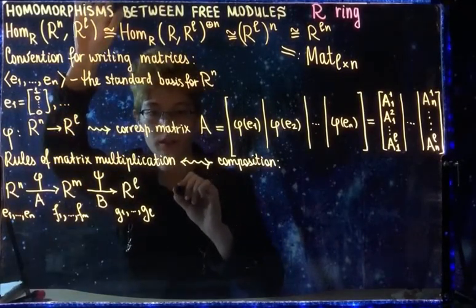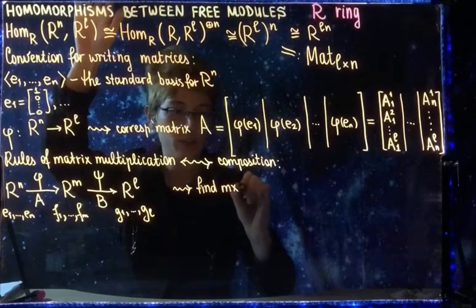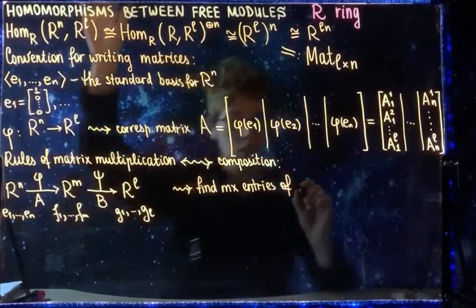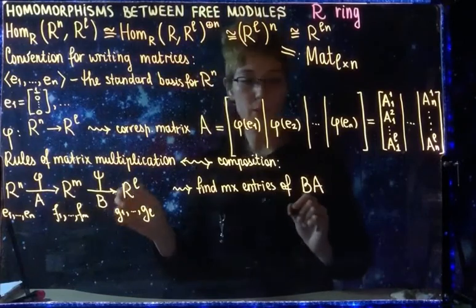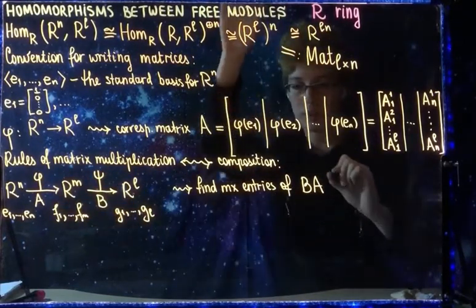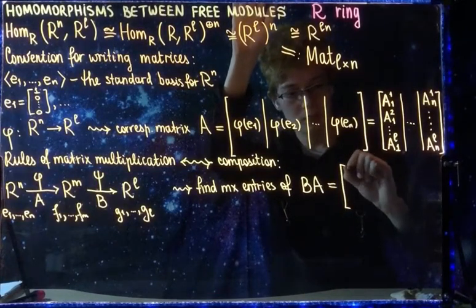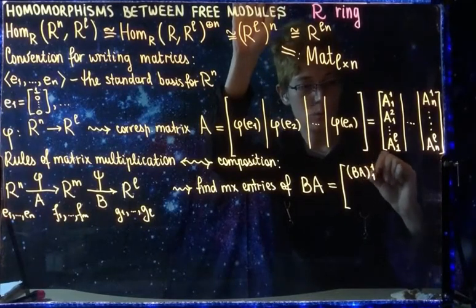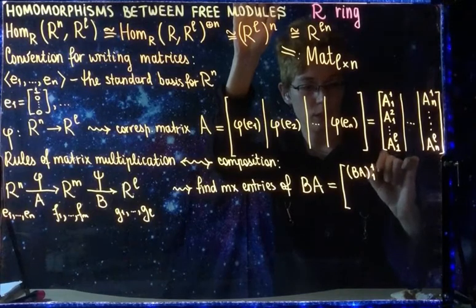Then I want to find matrix entries of BA, the matrix corresponding to the composition of psi phi. So let's take, for example, the matrix entry in the first row and first column, BA11.